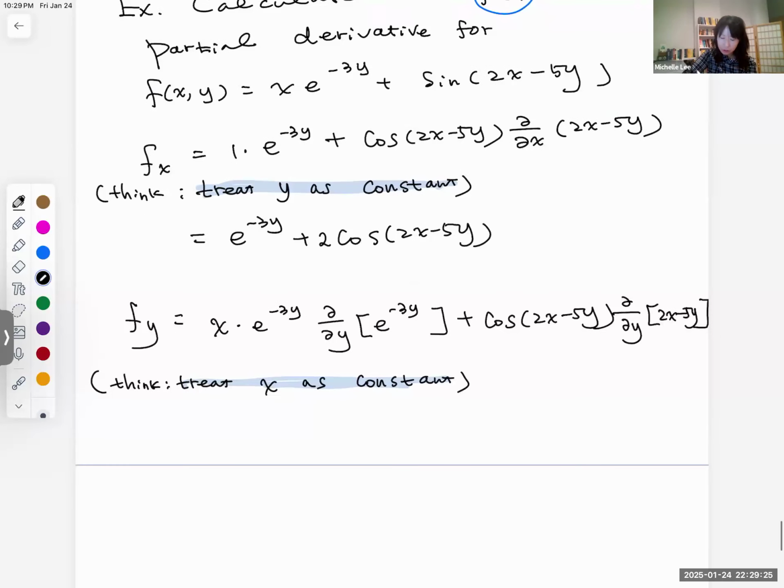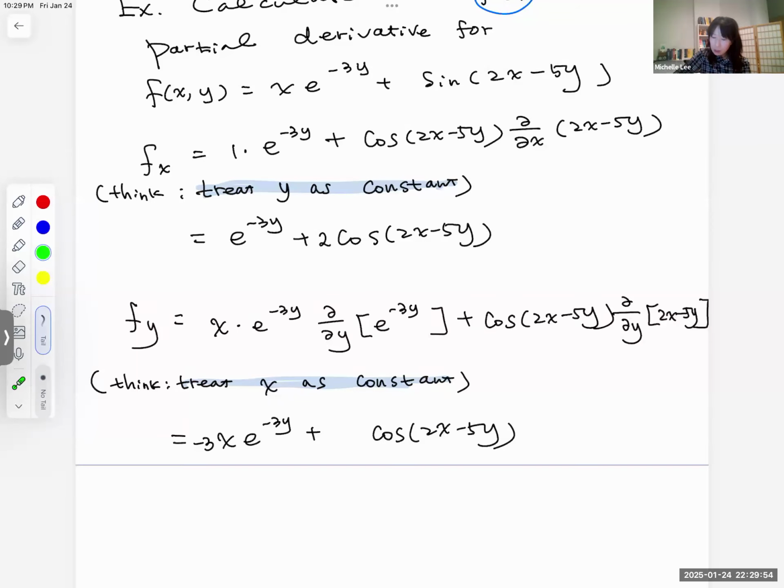So we have x e to the negative 3y, partial derivative with respect to y. This is y, so we get negative 3, and let's write it in front. Then plus cosine of 2x minus 5y, partial derivative with respect to y. The first term is 0, the second term is negative 5, so negative 5. Make sense?